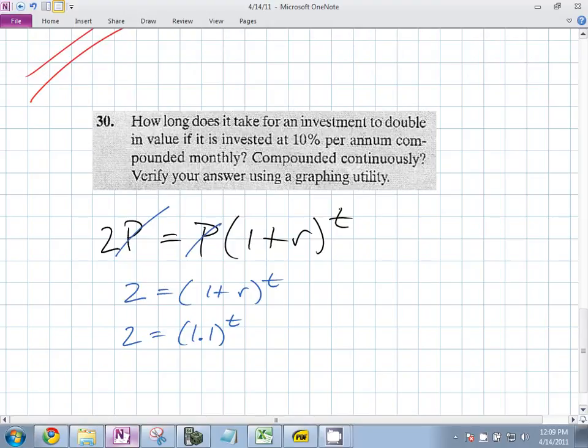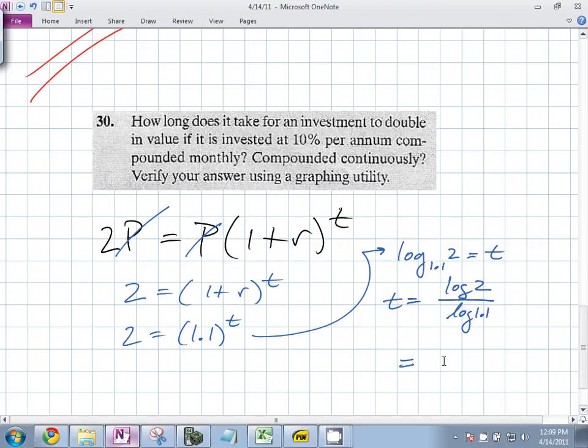What type of equation is that? Exponential. In order to solve for T, what do we need to use? Log base 1.1 of 2 equals T. So if you need to punch that in your calculator, T is equal to log of 2 over log of 1.1.